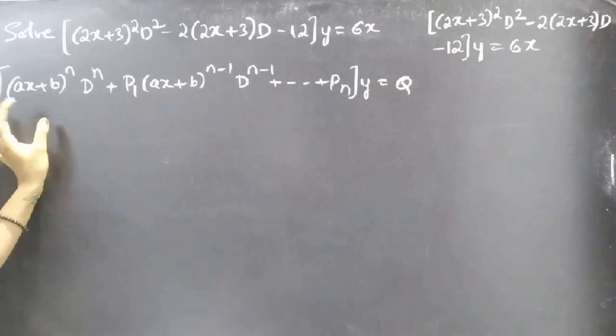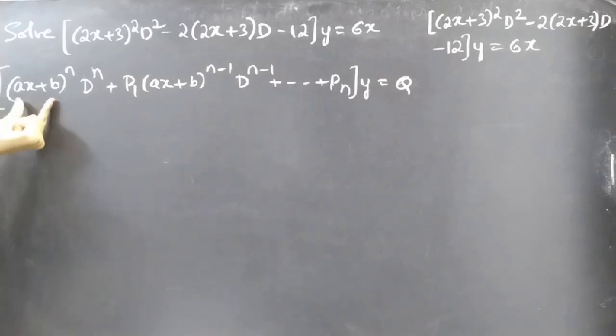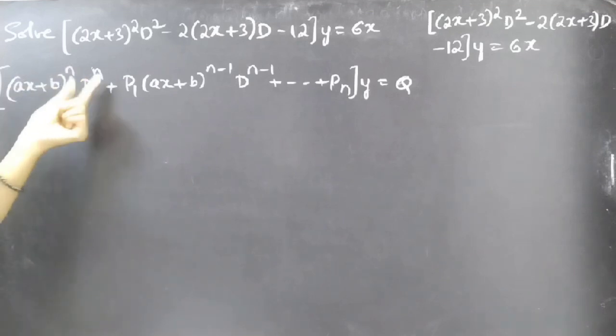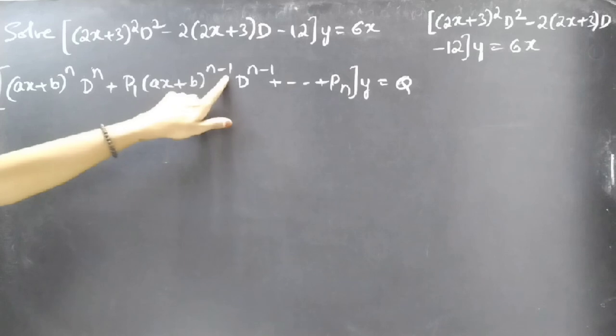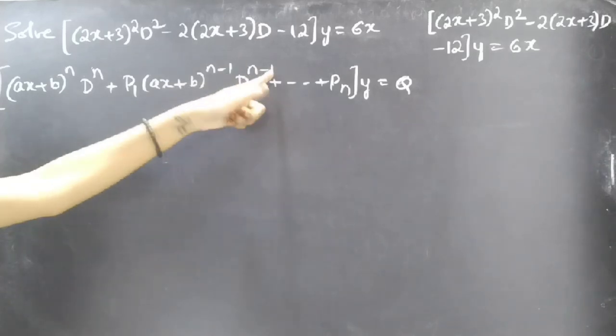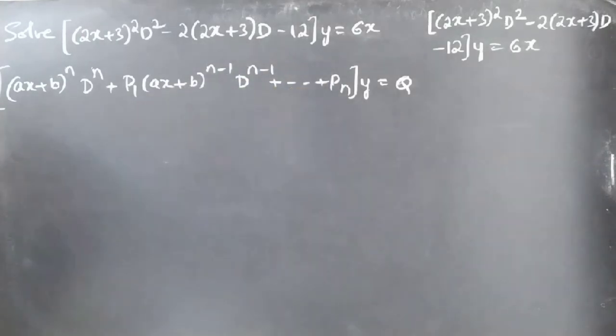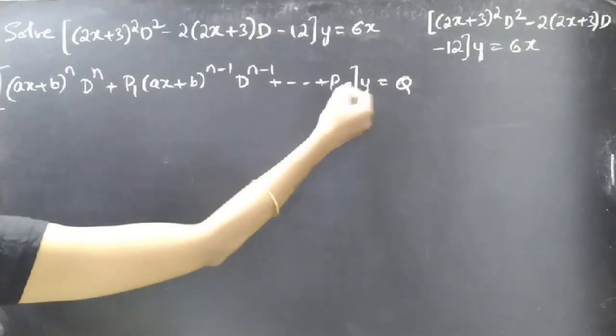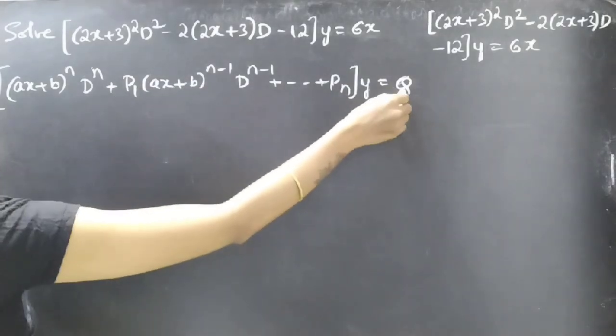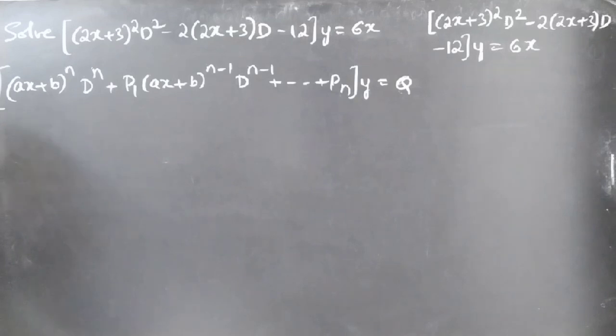We know that Legendre's equation is of the form (ax + b)ⁿ dⁿ + p1 (ax + b)ⁿ⁻¹ dⁿ⁻¹ + so on + pn y = q. Here p1, p2, and so on up to pn are real constants and q is a function of x.